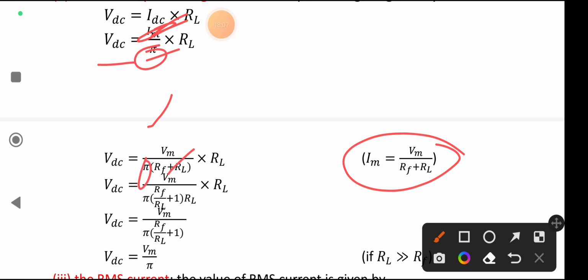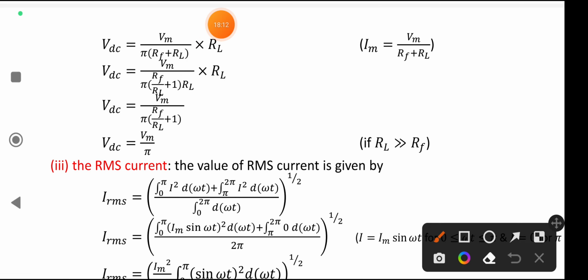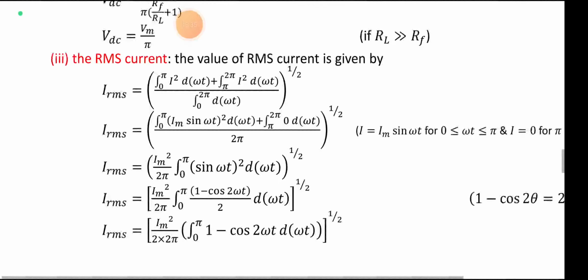From the denominator take RL outside, and RL gets cancelled. In practice RL is very much greater than Rf, since the input resistance is very low. Then this factor can be neglected, and finally we write VDC is equal to Vm by pi.